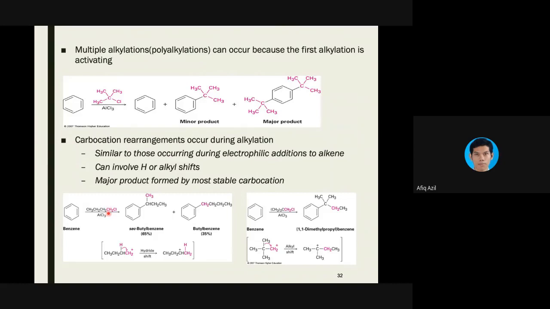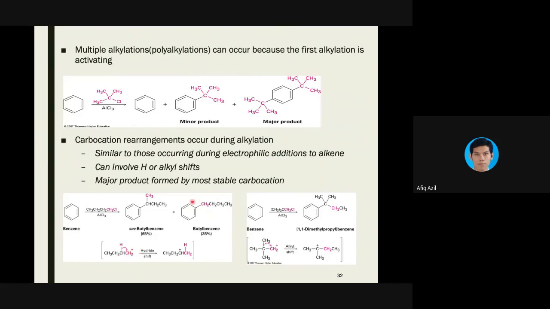If the first carbon is the carbocation, you end up with butylbenzene straight away. But what happened is a hydride shift, so that the second carbon is positively charged. Once the second carbon is positively charged, the ring will bond here instead of at the first carbon. Since this is more stable compared to the primary carbocation, you get this as your major product.